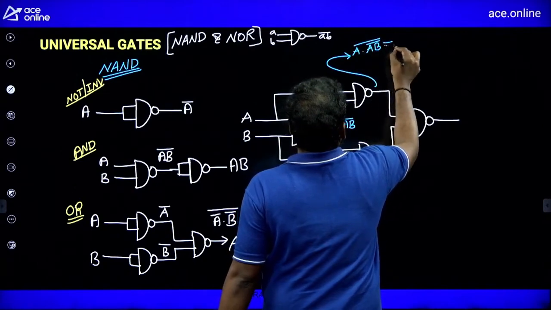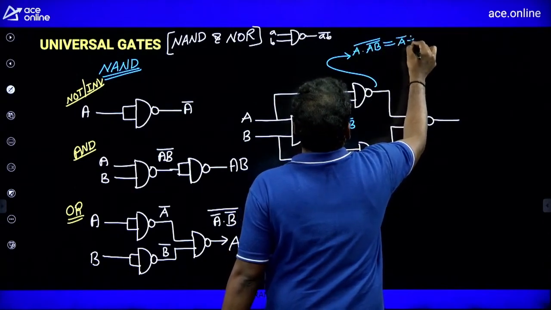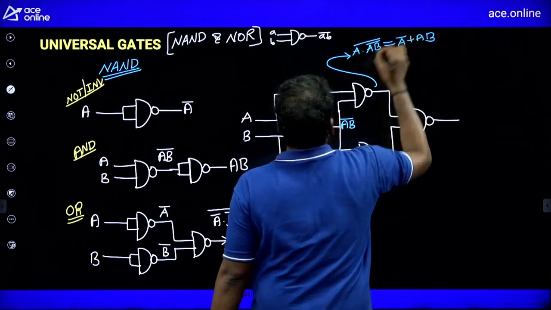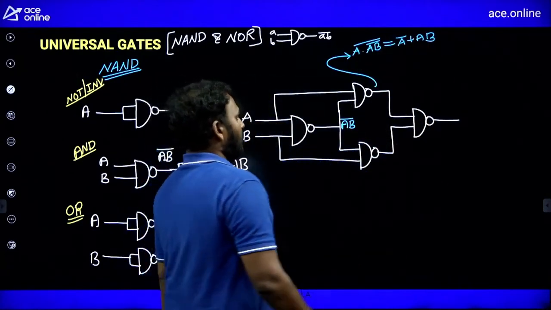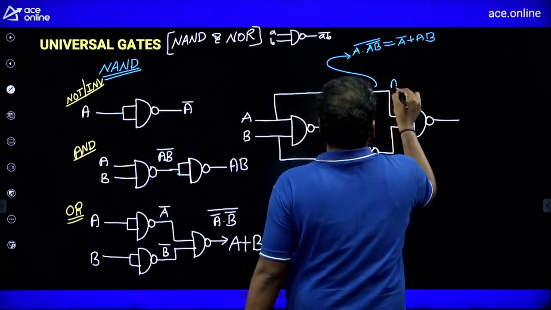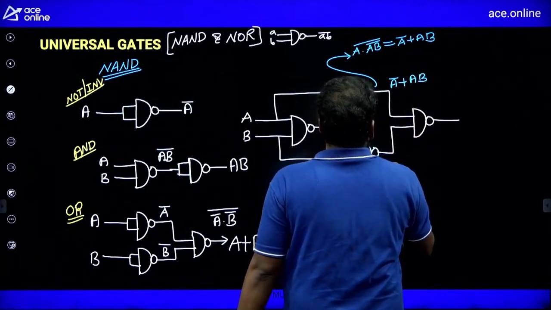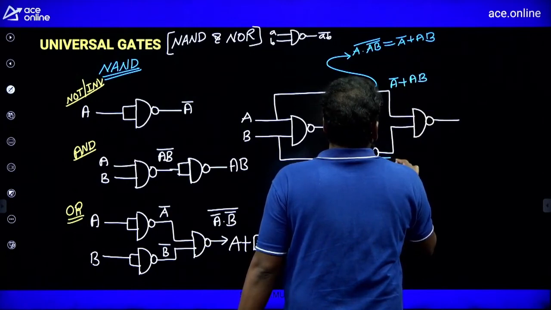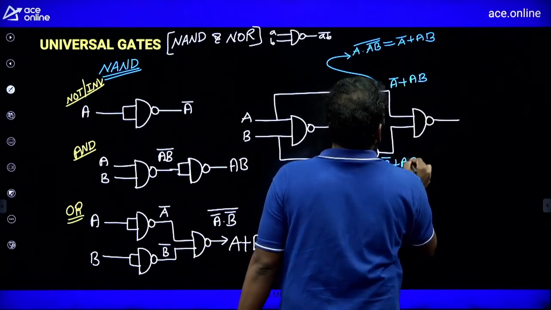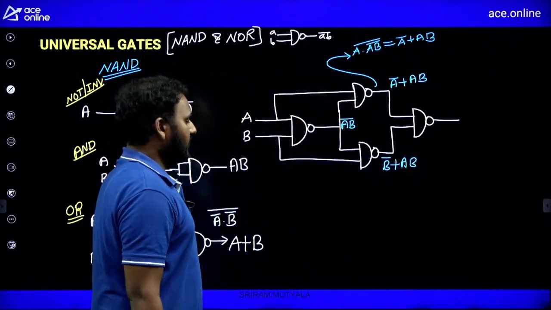If you apply De Morgan's, A bar plus AB will come. So, this is A bar plus AB and this is B bar plus BA or B bar plus AB.